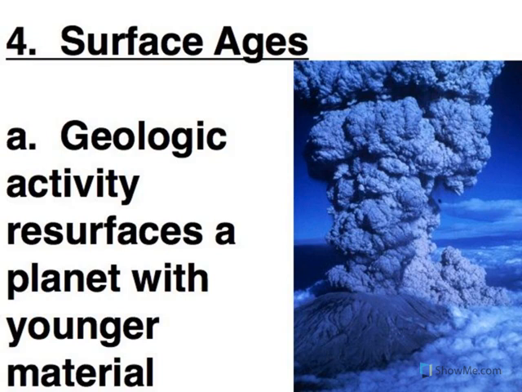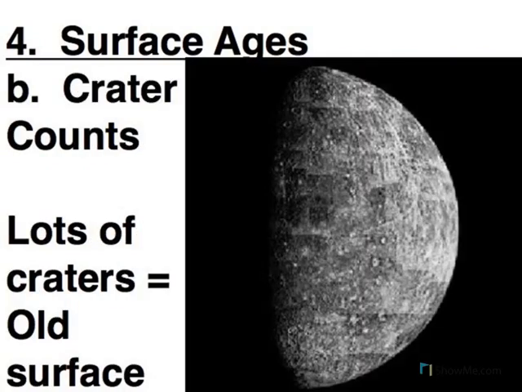Because anytime you have things like volcanoes, you're going to have new rock forming on top of older rock. And so each time a volcano erupts, it's creating young rocks on top of older rocks. And so the surface around an active volcano is going to be some of the youngest material you will find on a planet.